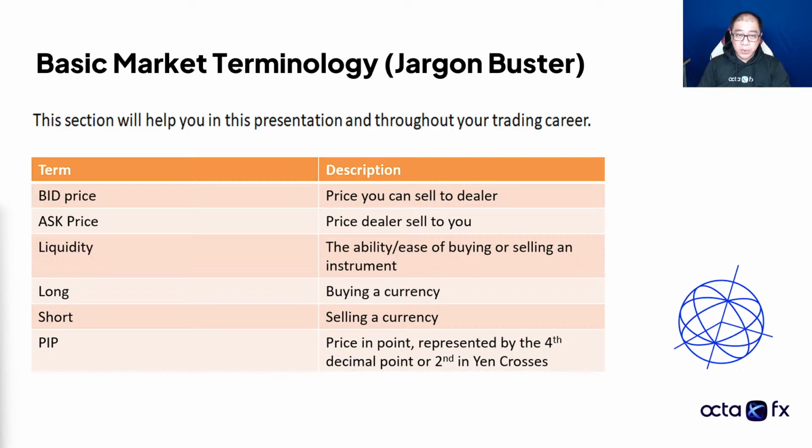And then we also want to know what liquidity is when it comes to trading. Liquidity means the ability or ease of buying or selling an instrument. An instrument would be a currency pair, for example, or a commodity like gold. When I talk about long just now, that is buying a currency or buying an asset. You can go long gold, for example.